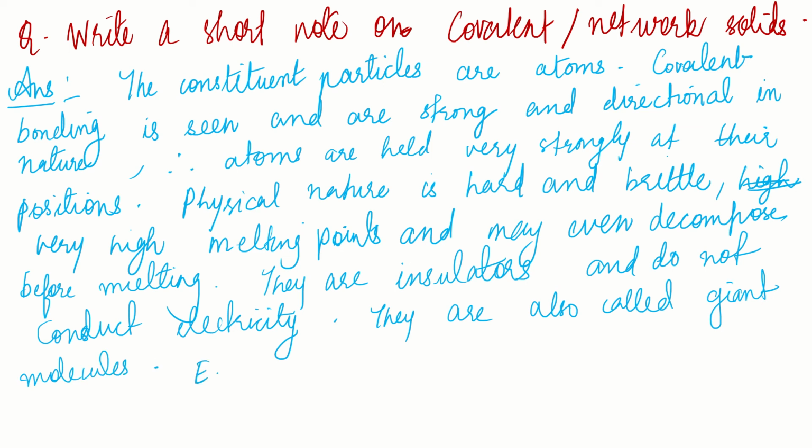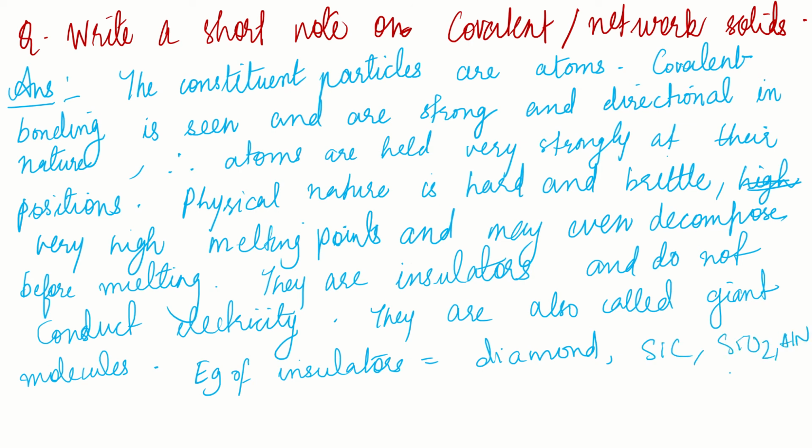What were the examples of insulators? We studied diamond, silicon carbide, SiO2, AlN, and all those. Examples of conductors, there is only one, which is graphite.